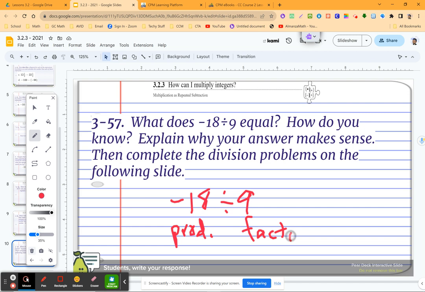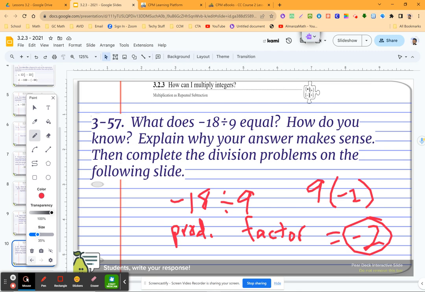So 9 would be a factor, and -18 would be the product of 9 times something else. So when you think about it, what number can you multiply 9 by that will get you -18? And that would be 9 groups of -2. So this division problem, -18 divided by 9, your answer is -2.